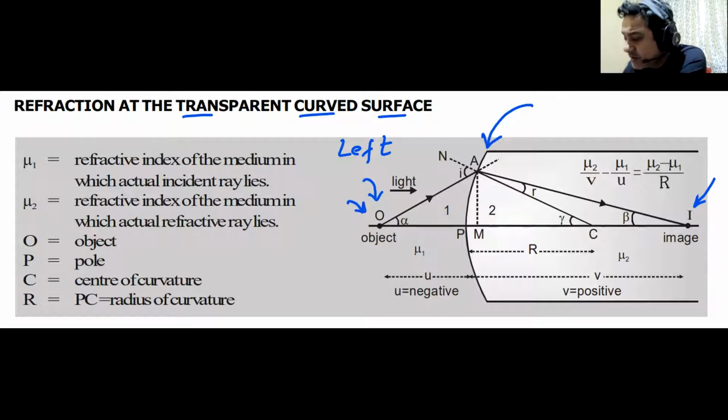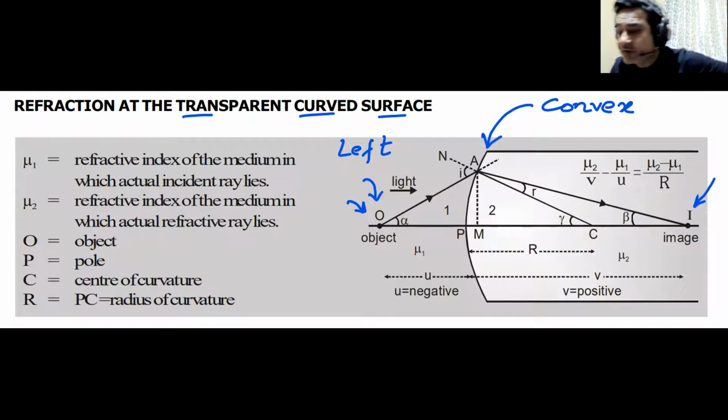I is the image. We have taken a point object. What will be the name of this curved surface? It will be a convex surface.